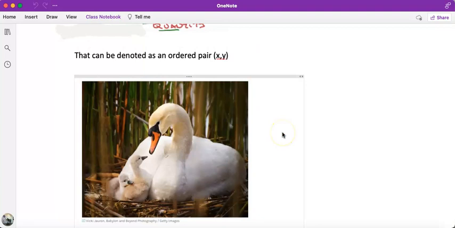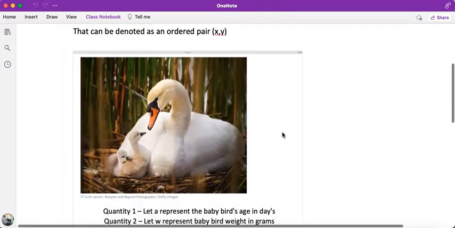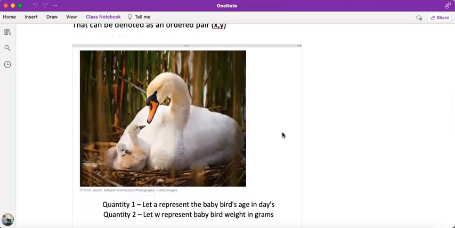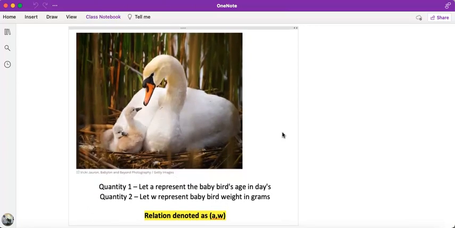And so how would I use this as a relation? Well, what if one quantity, let A represent the baby bird's age in days, and let the second quantity, W, represent the baby bird's weight in grams. And so if we had a relation, that relation would denote the ordered pair A comma W.